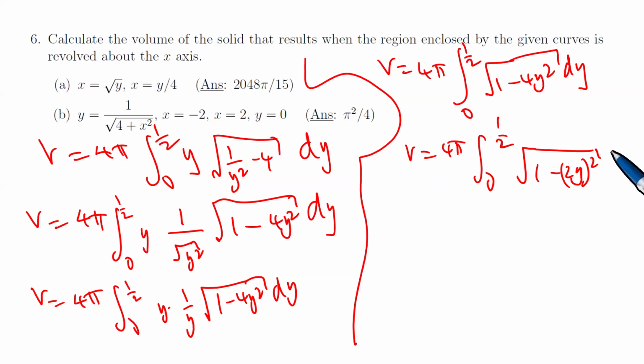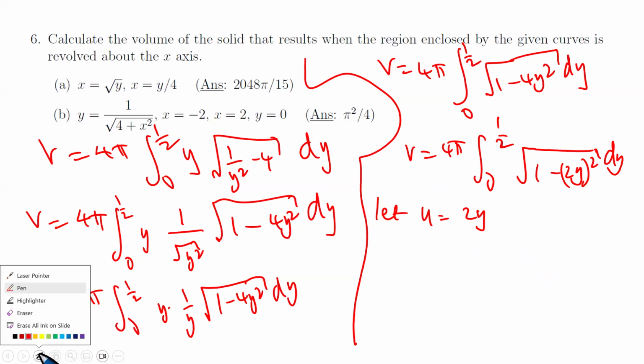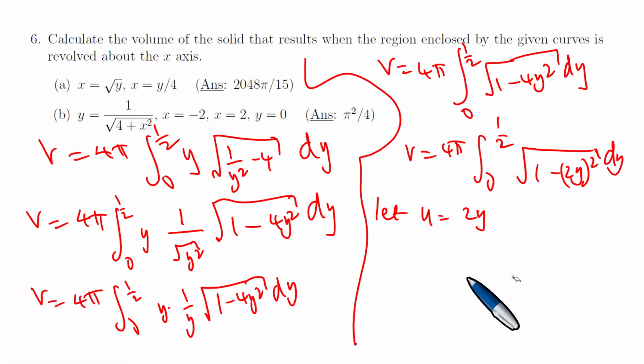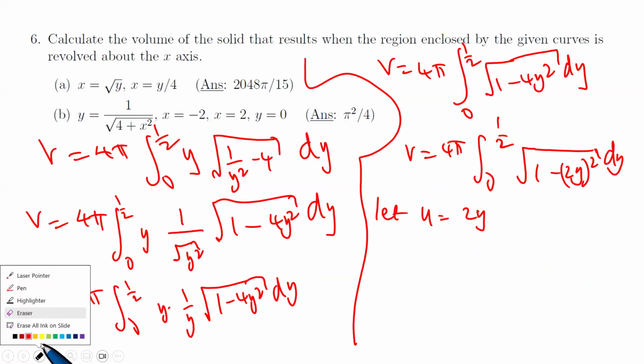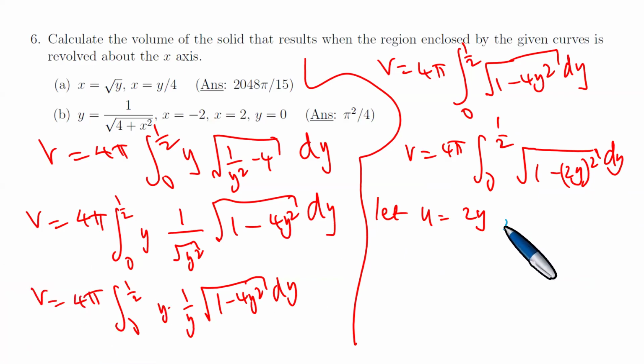Then you square these with the dy, so you let u be 2y. Then du is 2 dy.